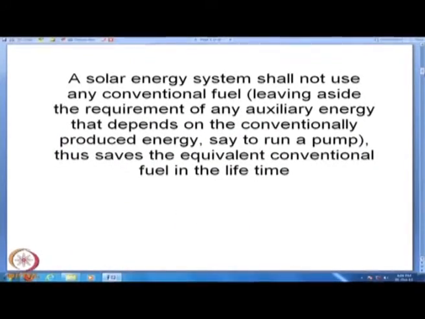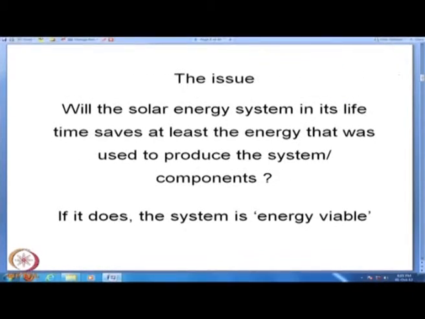So, a solar energy system shall not use any conventional fuel. For the time being, we will leave aside the requirement of any auxiliary energy that could depend upon conventionally produced energy, say to run a pump. Thus, it saves the equivalent of conventional fuel in the lifetime. So, this is a 100% saving of the conventional fuel.